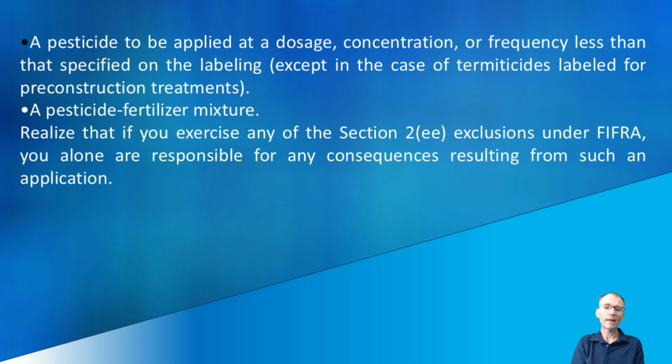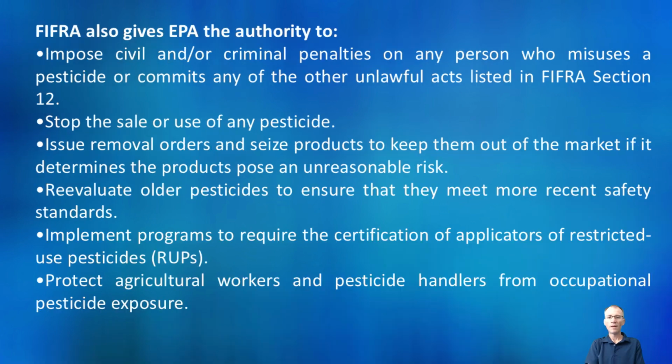The whole idea is to prevent termites from getting in that structure. Now, once again, I don't think most of the time you're going to be doing this anyways. I usually just follow the label because it is a federal law, but we do need to understand that there are exemptions on this, and especially those of you taking exams, understand FIFRA Section 2 EE and how it works.